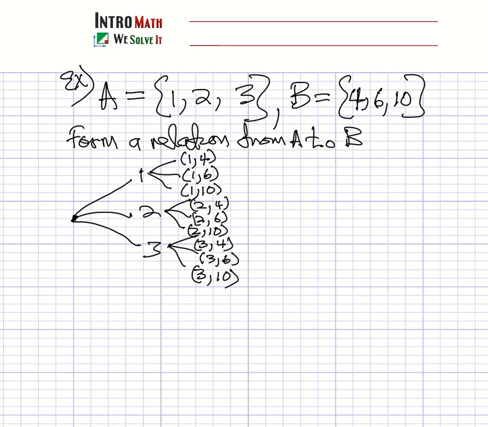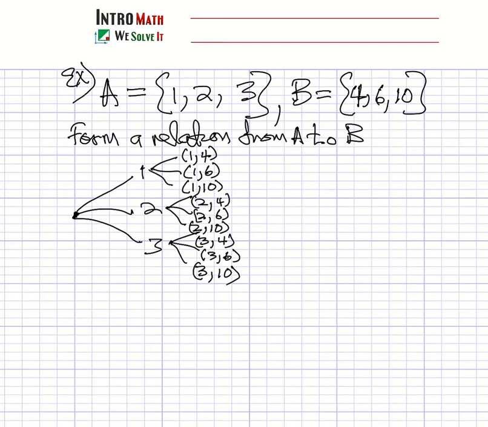So then you say the relation from A to B is basically this ordered pair here, and then this ordered pair. You just list all of them.